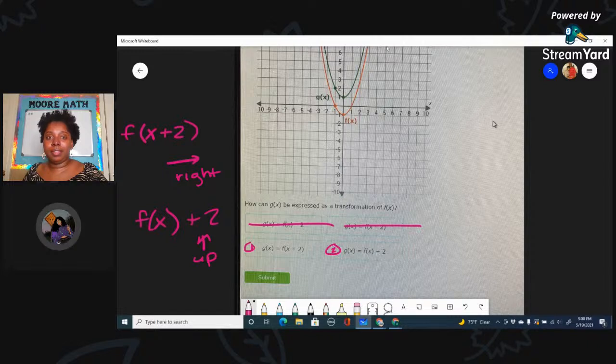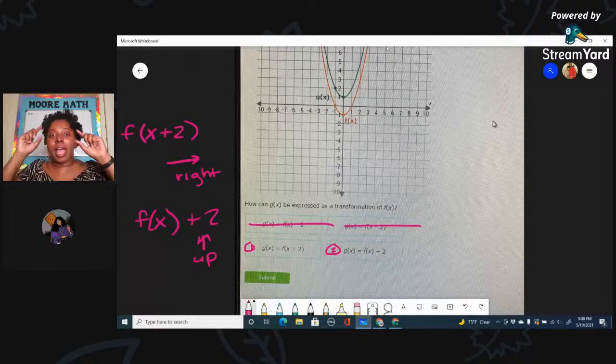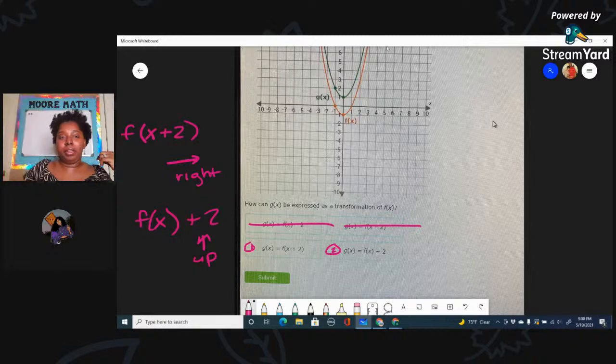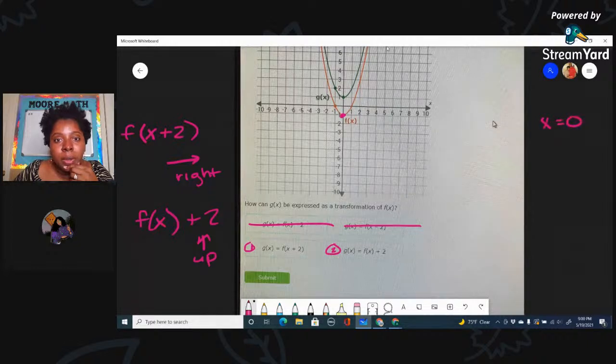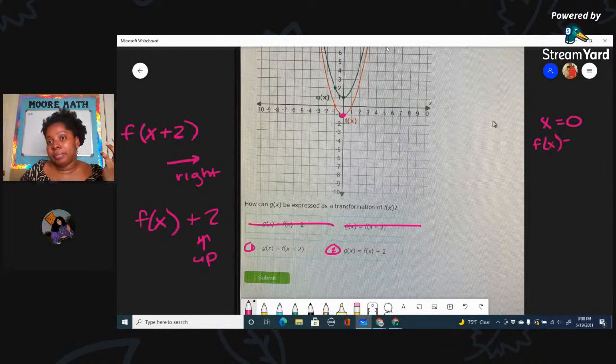Okay, so think of it like this. I have this graph, and all I'm doing with this graph is moving it up. That's all we did here. So let's say x is 0 here, and f of x is -1.